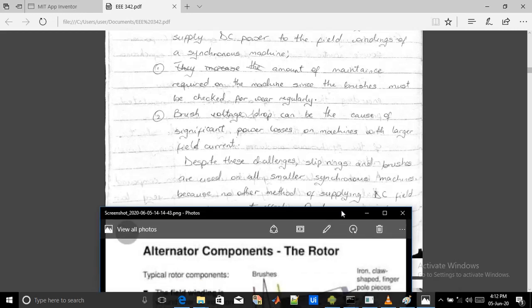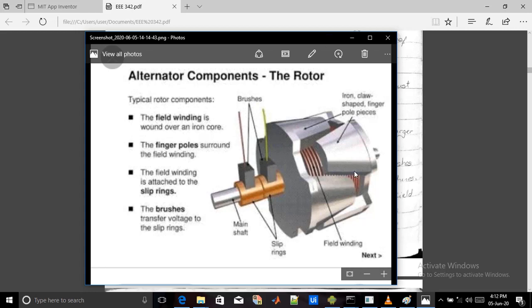Okay. So now if the field current, the current coming all the way from here, is called the field current going into the field winding now. If the field current is much, regardless of the fact that graphite has a high conductivity, despite the fact that graphite is highly conductive, it still has little resistance.